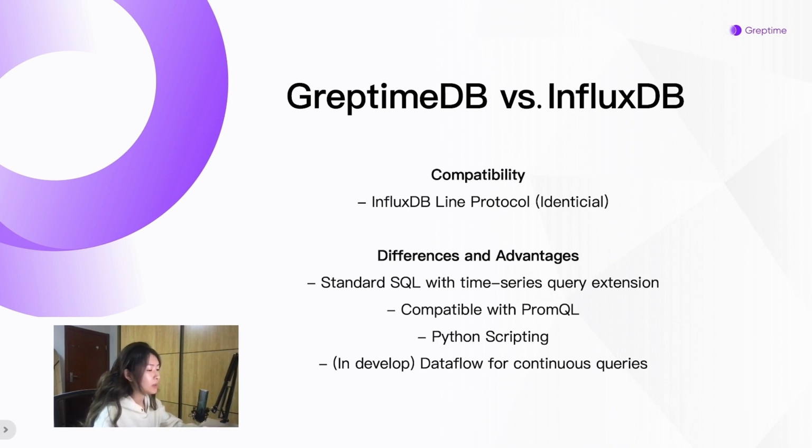Instead, GreptimeDB supports standard SQL with a few time series data-oriented extensions. It also supports querying over PromQL, as we did when building the panels in the demo. It supports Python scripting to facilitate complex analytical tasks.